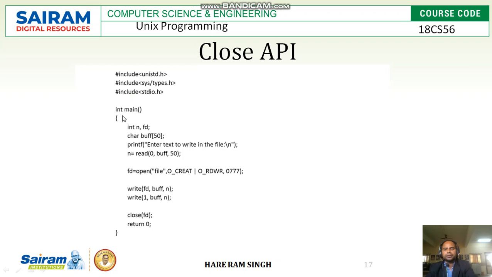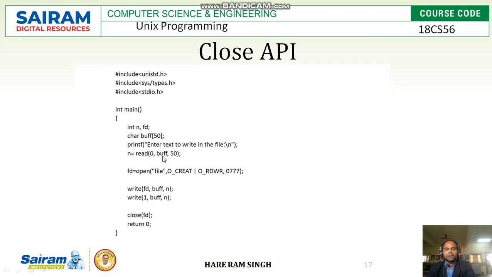Let us see one example of the close API. Here some header files we can include, int main, int n, fd, char buffer of 50. Enter text to write in the file. So read(0, buffer, 50). See, 0 is the file descriptor value of standard input, which is the keyboard.